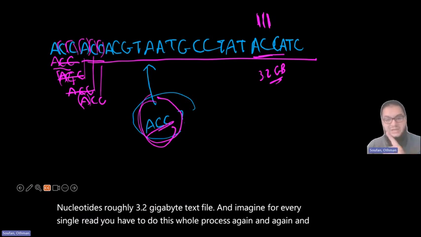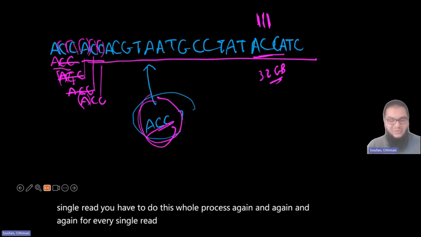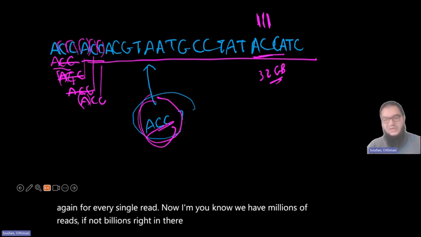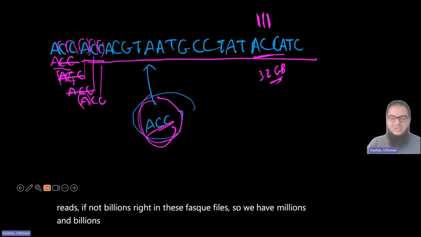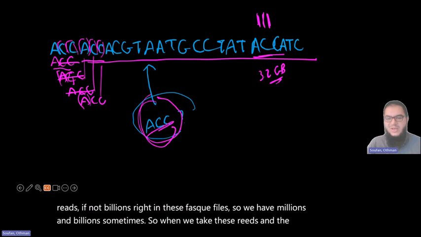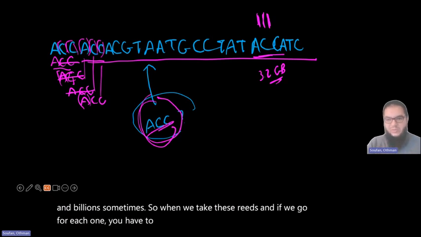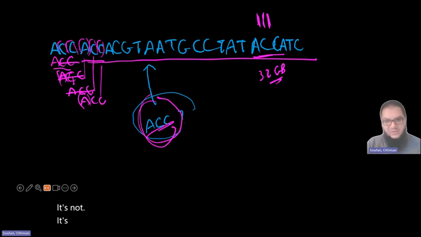Now, we have millions of reads, if not billions, in these FASTQ files. So when we take these reads, for each one you have to fully read the 3.2 gigabyte file. It's not efficient.